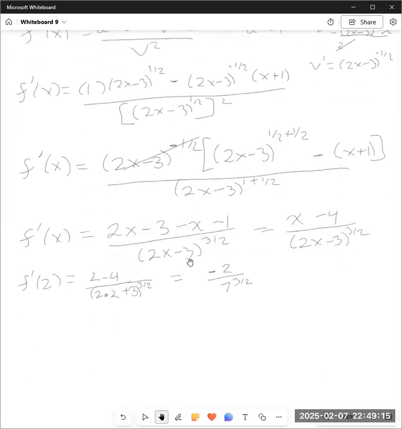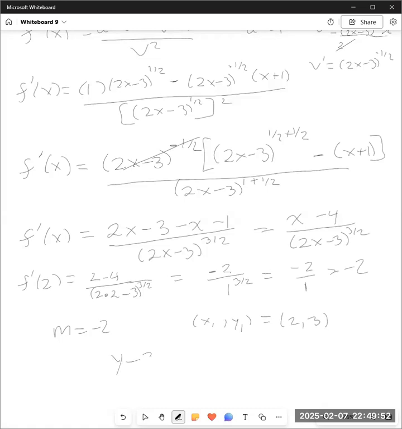This is minus 3, so that is 1 to the 3 halves power. That's much better. So that's negative 2 over 1, which is a negative 2. And so there's my slope, and my point here, x1, y1, is (2, 3).